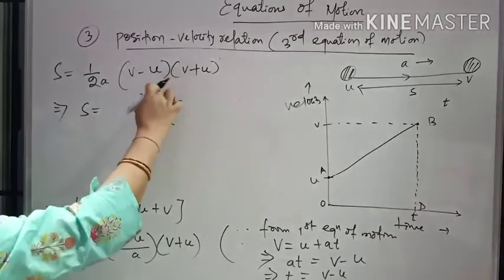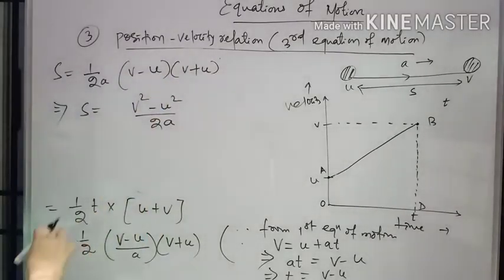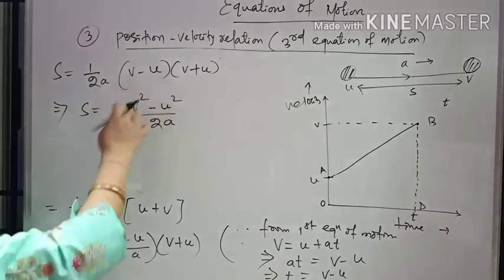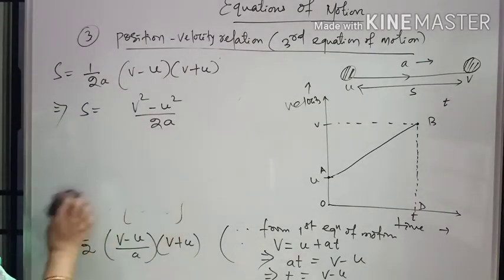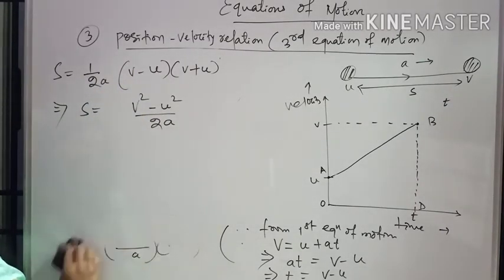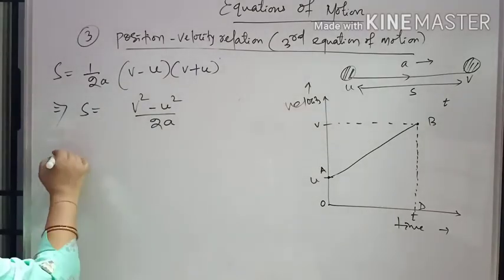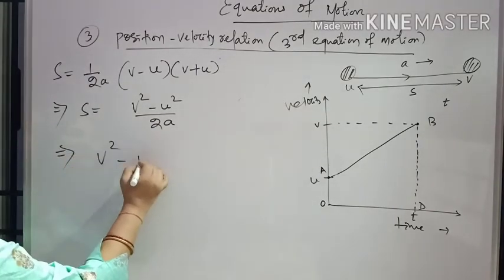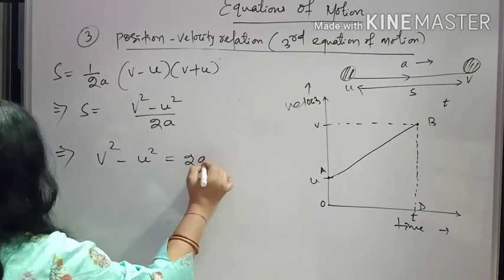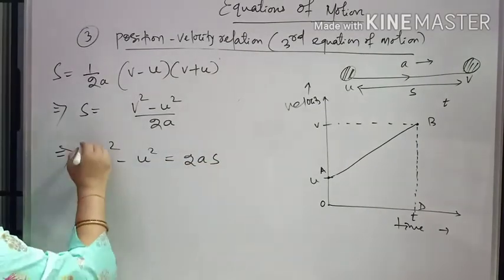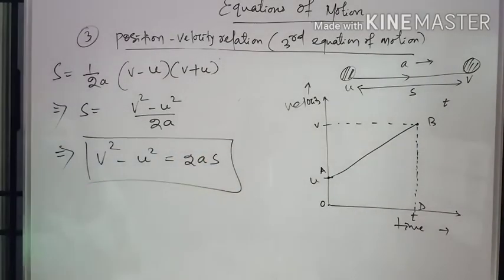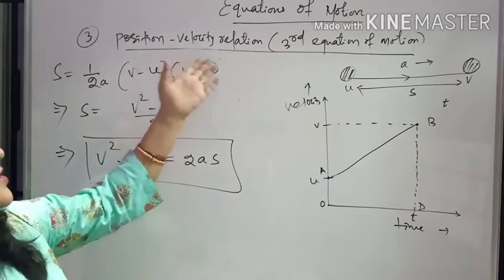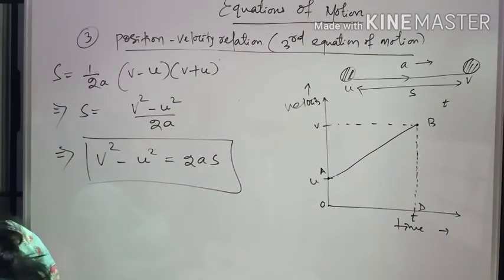Because (a plus b) into (a minus b) is a square minus b square, the same way v minus u into v plus u becomes v square minus u square. Or we can write v square minus u square equals 2as. So the final equation we can write down. This is the relation which is called your third equation of motion.